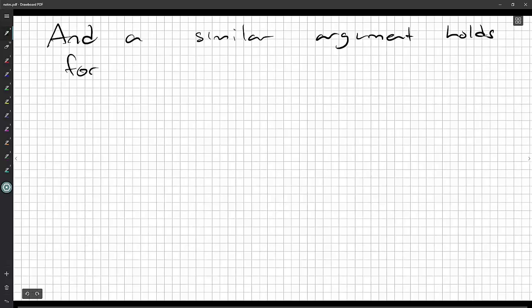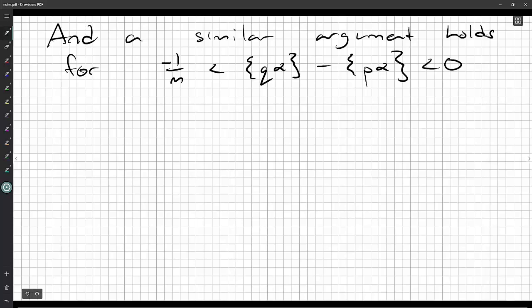And a similar argument holds if it turned out that for some reason the fractional part of P alpha was the bigger one. So what are we going to say?